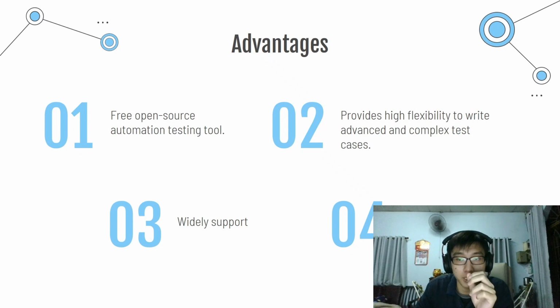Highly extensible here means that it can interact with different technologies and different software to enhance its functions, or to use the other functions of those integrated software with Selenium to make testing easier.